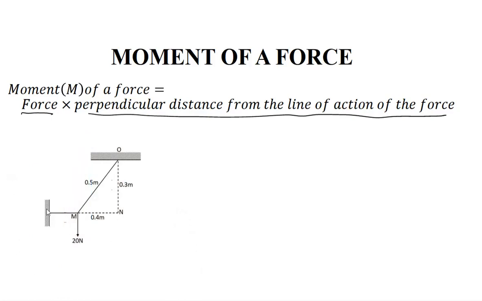Now, let's say we are taking moment about the point O. That is the point where the turning effect is. Now, what is the force causing the object to turn at this point? Obviously, the force is 20 Newton.